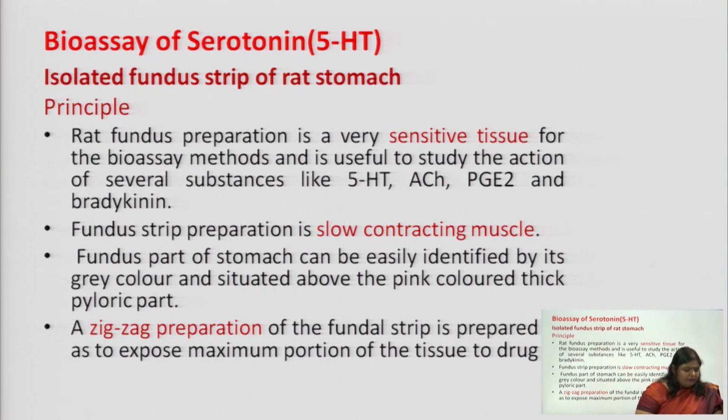You have to identify the fundus part of the stomach. It can be identified by its gray color, and it is situated above the pink colored thick pyloric part. So, we dissect out that fundus part and we cut the zigzag preparation of that fundal strip.